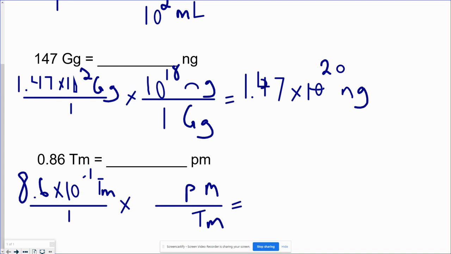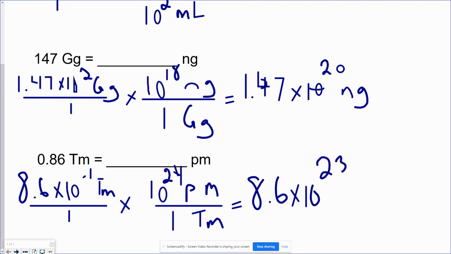Tera is 10 to the positive 12th. So we're going to put a 1 on tera. And between 12 and negative 12, there are 24 steps. When you multiply again, you add. So you get 8.6 times 10 to the 23rd picometers.